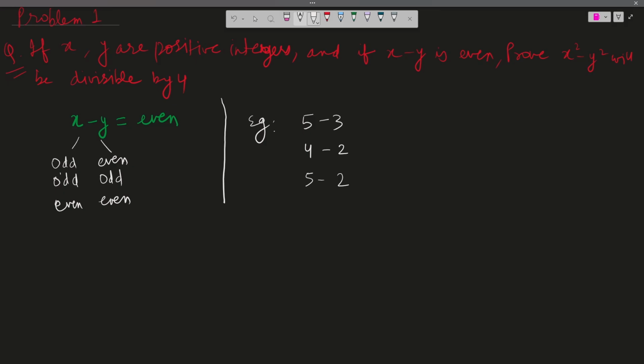If we subtract an even number from an odd number, for 5 minus 2 we get 3, which is odd. If we subtract 4 minus 2, we get 2, which is even. If we subtract 5 minus 3, which is odd minus odd, we again get even.